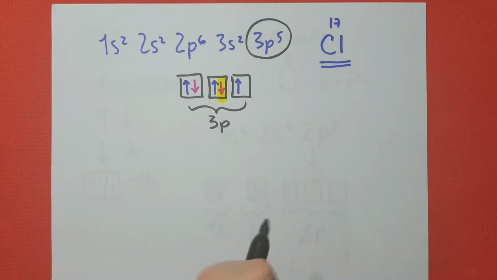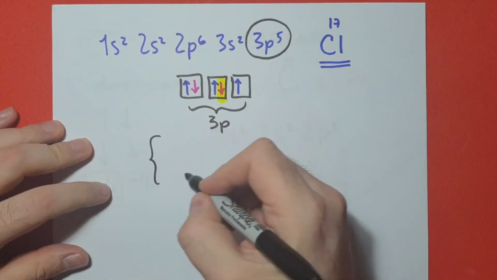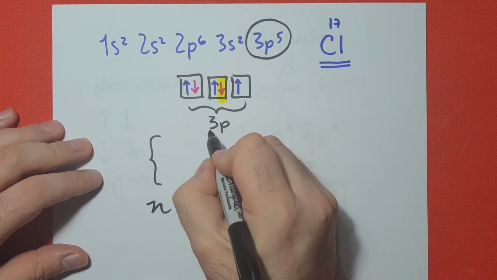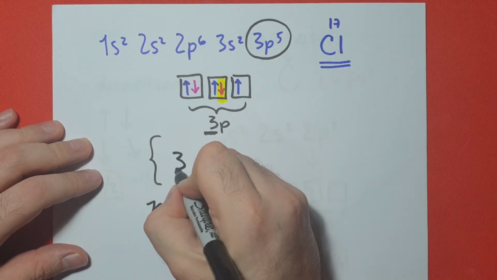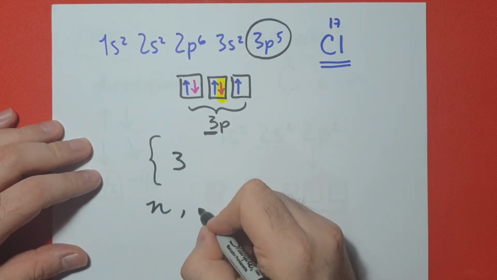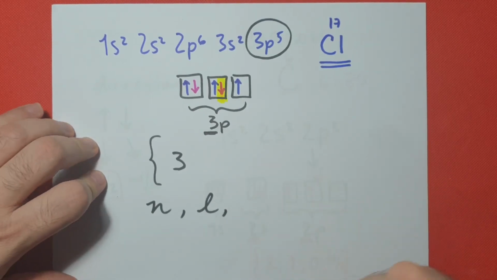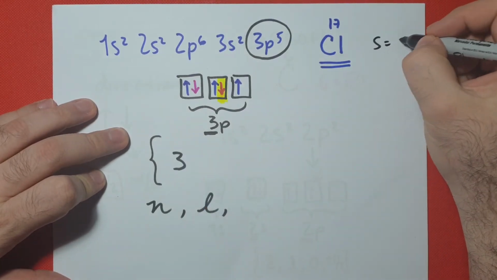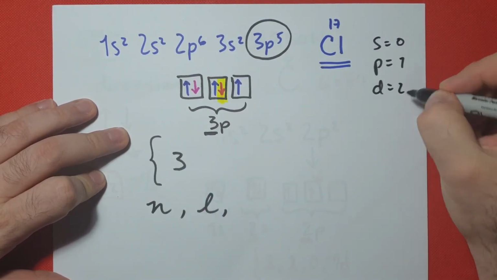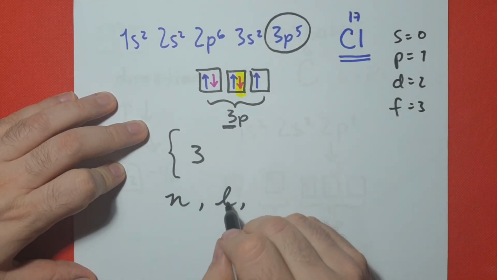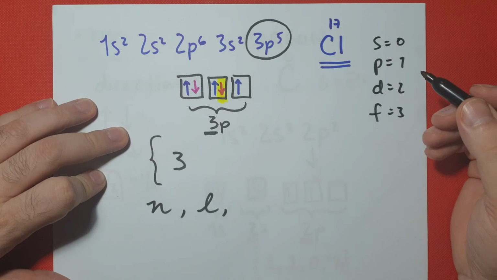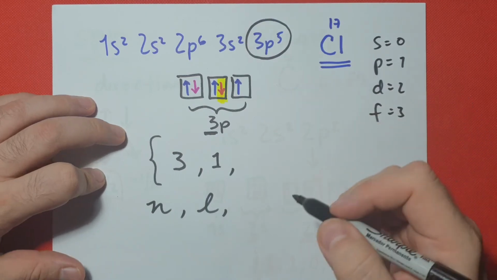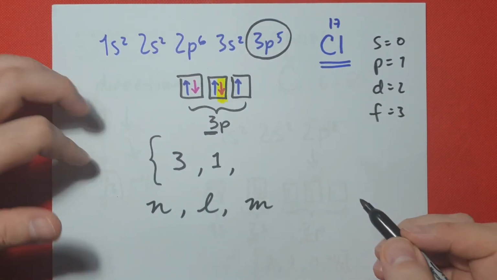So remember, we open up some brackets, and our main quantum number, which is the same as the shell, we look at the highest energy level, it's 3, we just write a 3. Remember, values 1 through 7. Then for L, which is the azimuthal quantum number, we look at the shape of the orbital, which in this case is P. Remember, S is 0, P is 1, D is 2, and F is 3. So we just look at this table, or we memorized it. Of course, we should have memorized it. And now for L, we have number 1. Continuing on, we need M, the magnetic quantum number, which is the orientation.